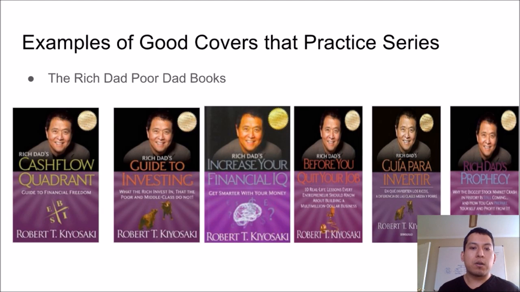Rich Dad Poor Dad, or Robert Kiyosaki, does a great example of how he styles his books. As you can see here, his Cash Flow Quadrant book is styled a certain way, so is his other books. And as you can see, the person who designed this cover just has a template or a background file that they just fix and just change the text in the book covers and maybe the image.